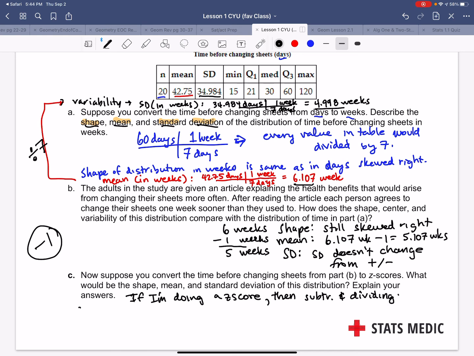So that means the same type of outcome we saw before, the shape would stay the same. Skewed right.